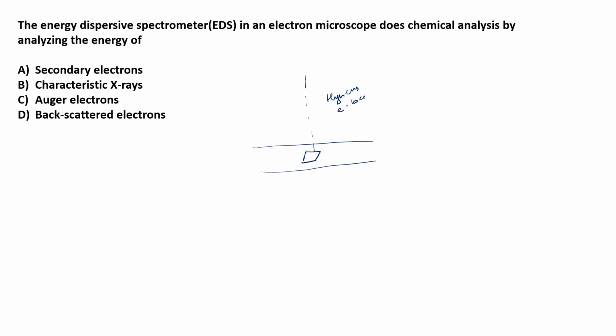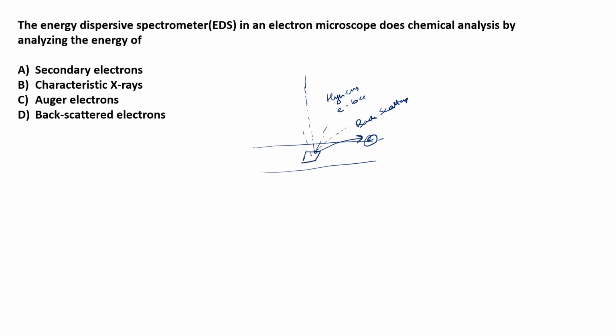When we pass this electron beam, some electrons are scattered. This is called backscattered. Then we also have secondary electrons generated from the sample.